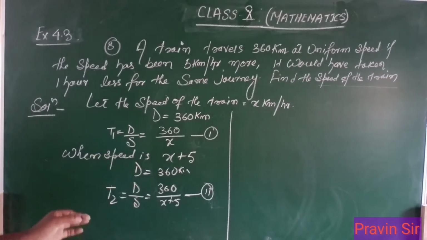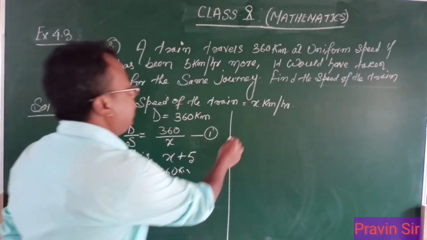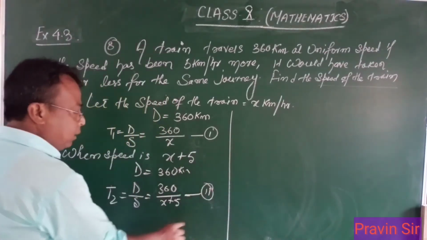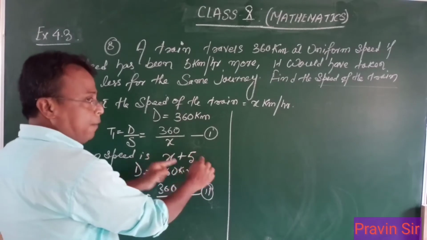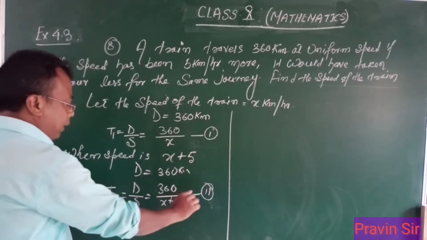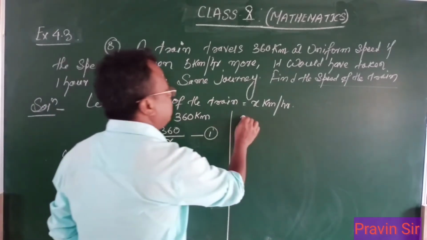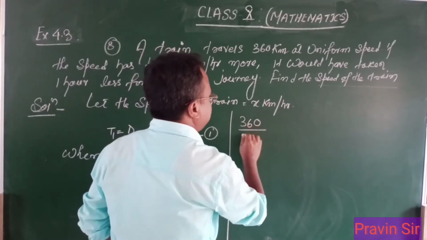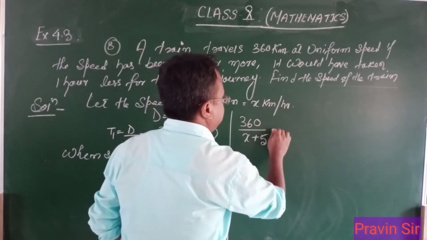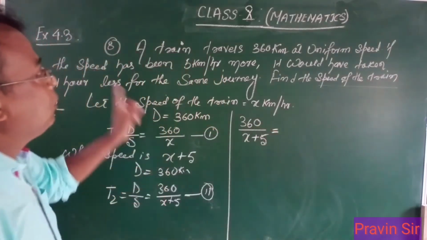So when the speed is increased by 5 km/h, what was the time taken? This one. When the speed is increased by 5 km/h, the time taken by the train is 360 divided by x plus 5. Okay. So what is written?